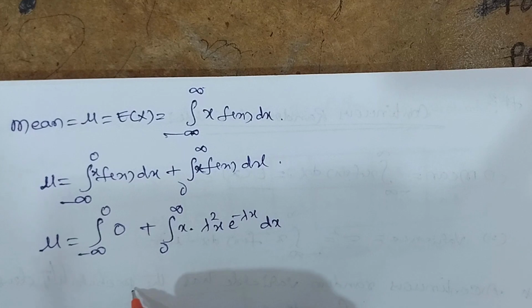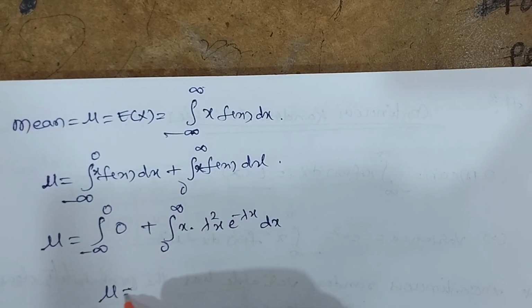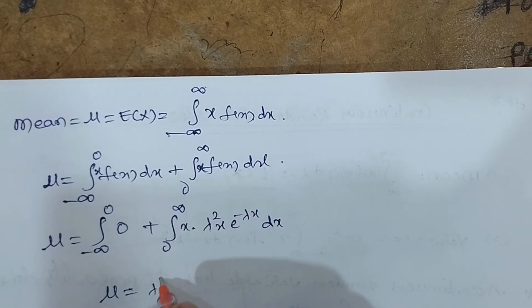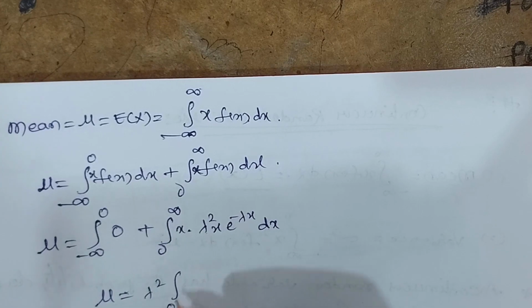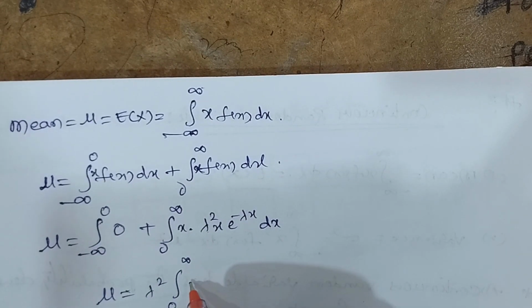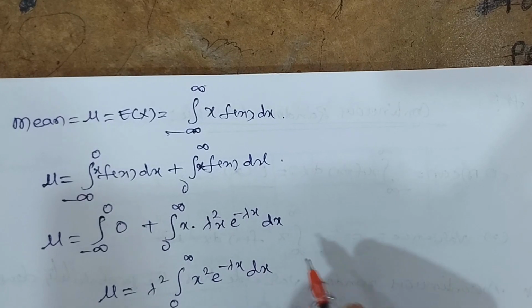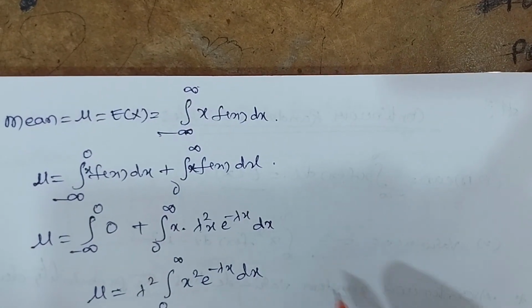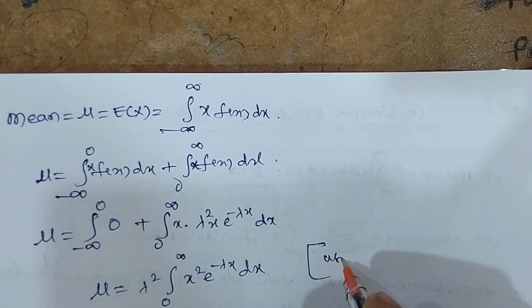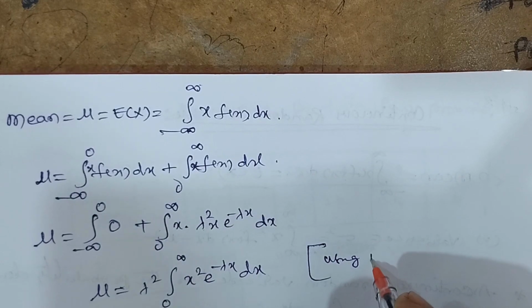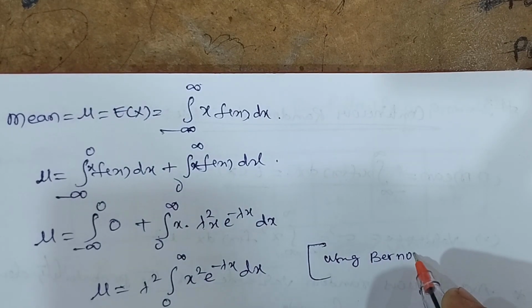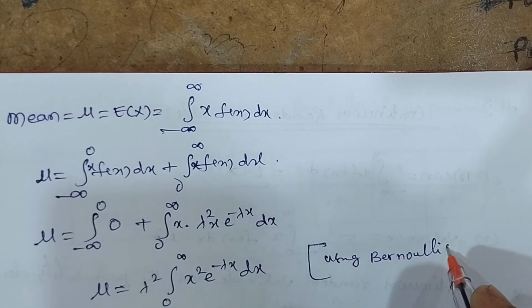So mu is equal to lambda square, a constant, outside, times the integral from 0 to infinity of x square into e power minus lambda x dx. Here also we apply Bernoulli's rule.